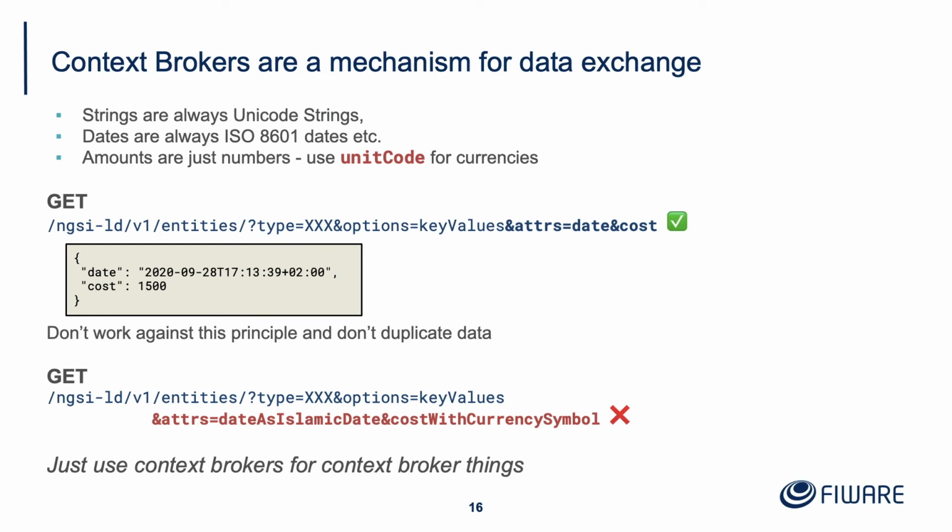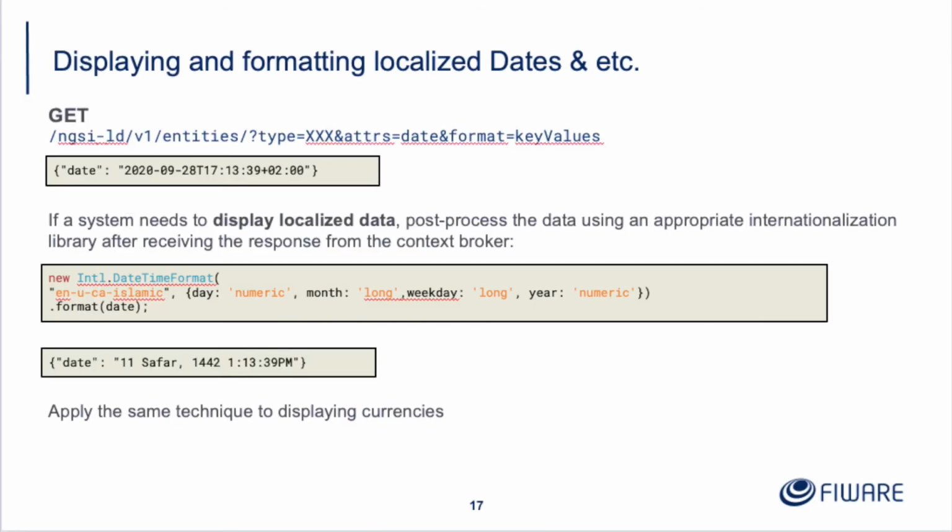What you need to do is push this to a proxy outside, because it's not always somebody else's problem. So take, for example, this date. I'm going to try and make my date into an Islamic date because it nicely changes the year. I can just get the date from my context broker using a simple key values selection. However, I can then use standard libraries to change the data outside of the context broker, saying this is not a context broker problem.